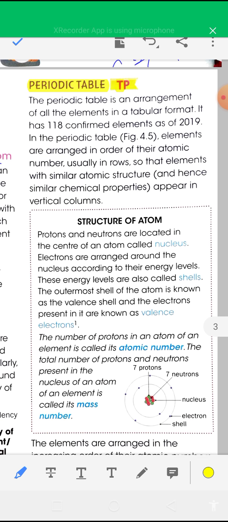The periodic table is an arrangement of all the elements in a tabular format, and it has 118 elements. In the periodic table, there are some vertical columns and horizontal rows. The vertical columns are known as groups, and the horizontal rows are known as periods.